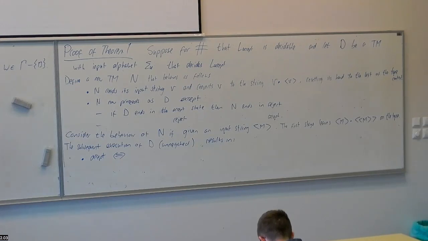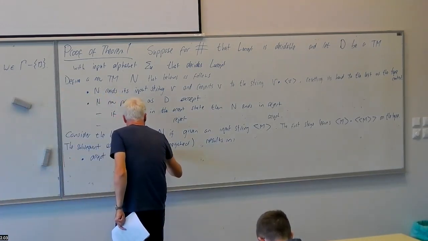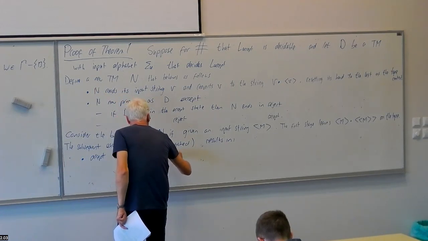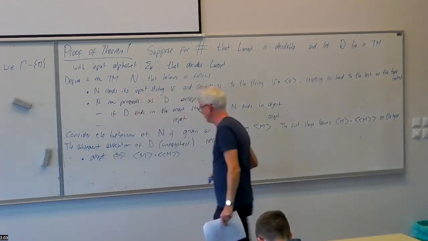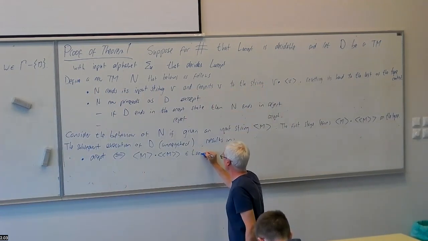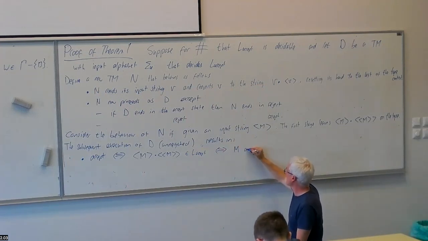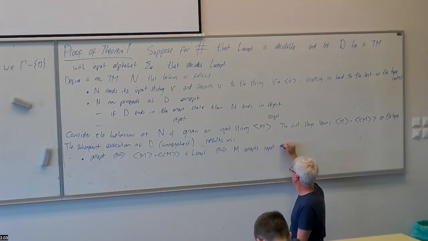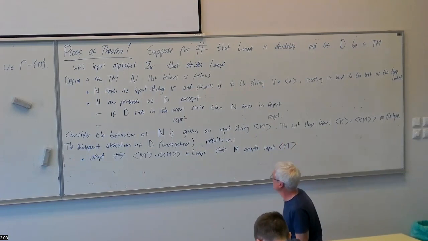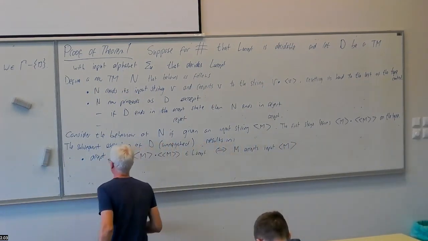So D accepts if and only if M followed by the encoding of its encoding as a string belongs to I'll accept, if and only if the Turing machine M accepts the input string, the encoding of M. It accepts its own encoding as an input.